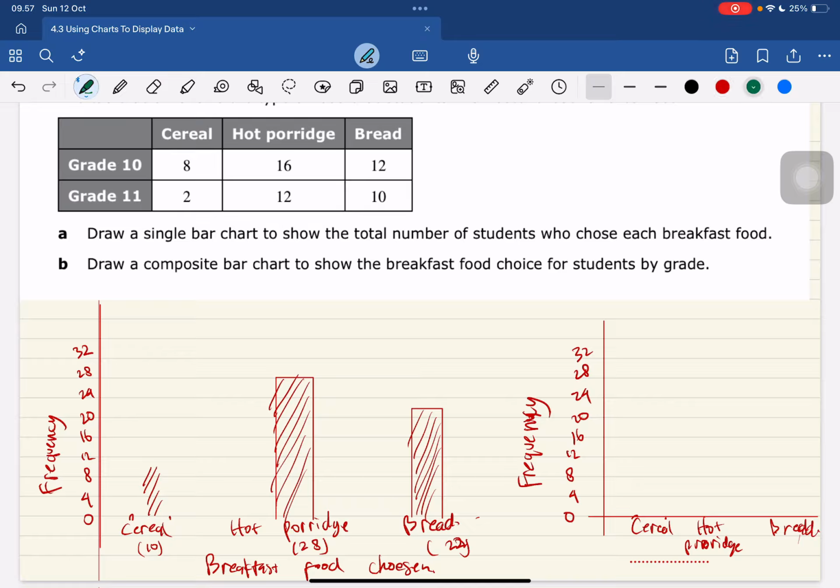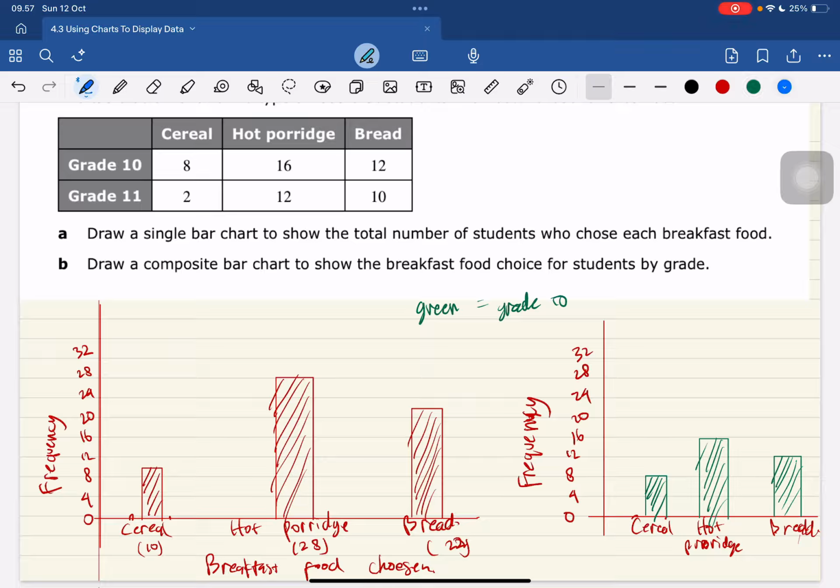So let's use two colors. Green is grade 10. So this is 8. And hot porridge is of 16. And bread is 12. Next, blue.